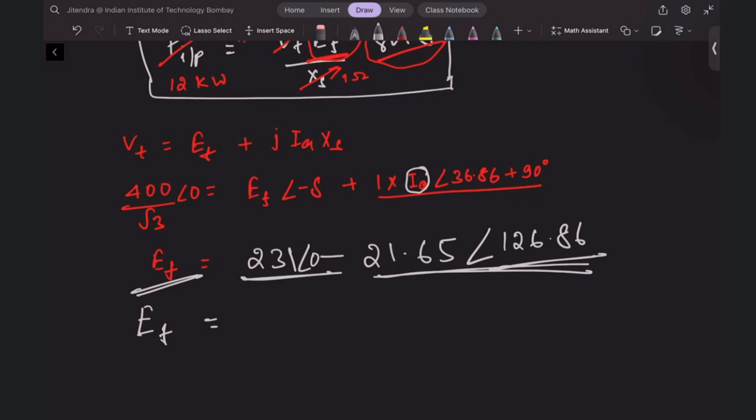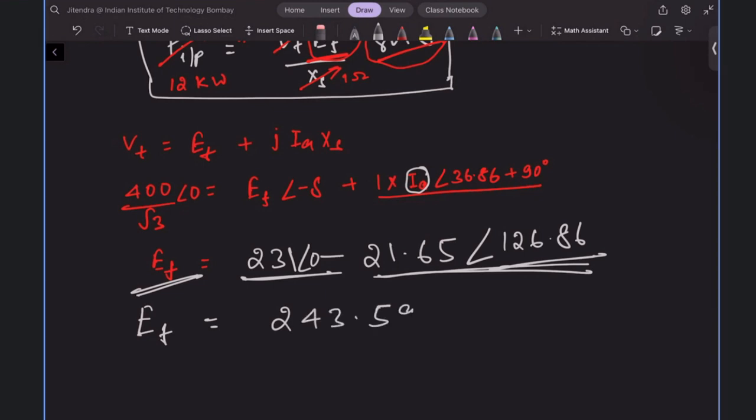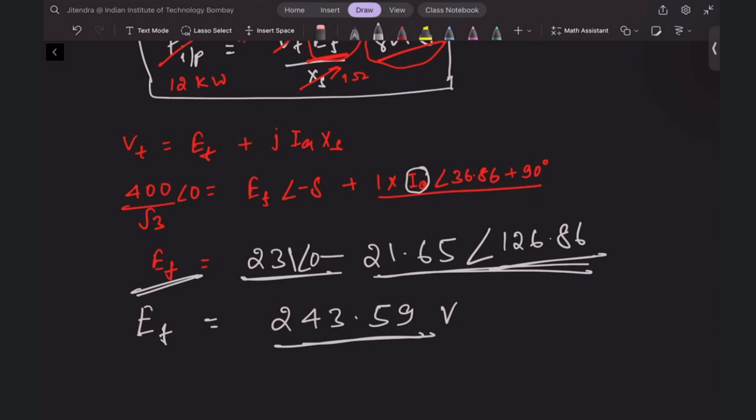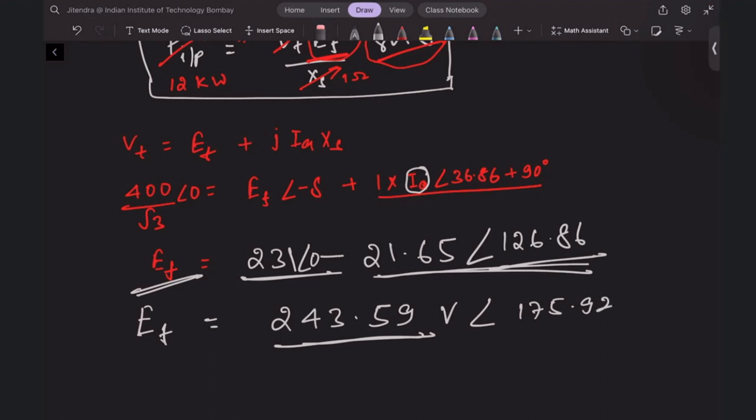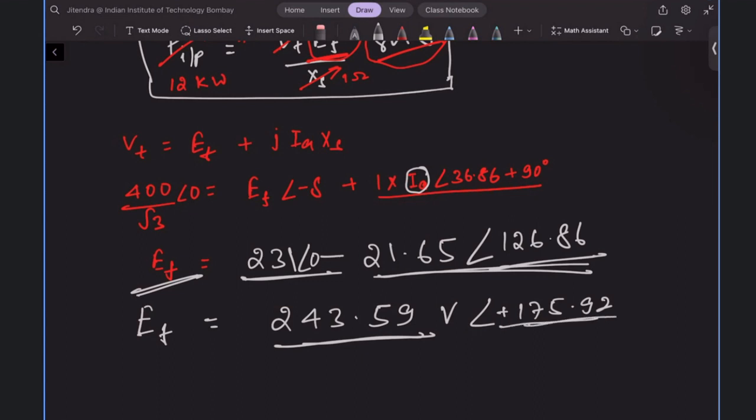Sir, I am getting magnitude 243.59. 243.59. Okay. So did you calculate angle as well or only magnitude? Sir, angle is 175.92. That is positive or negative? Sir, positive. In any case, it is not a valid angle.